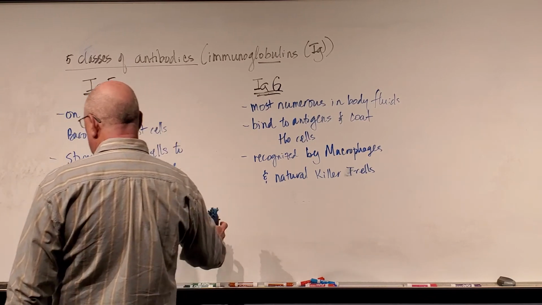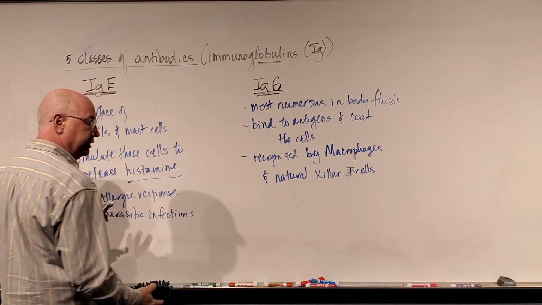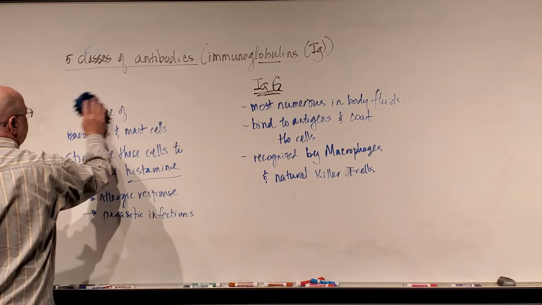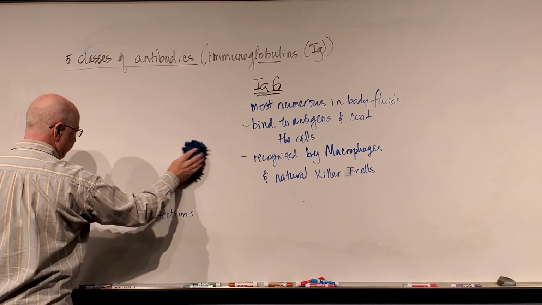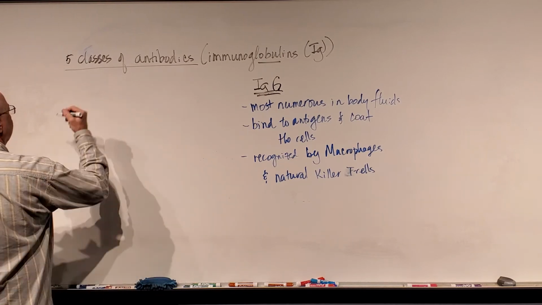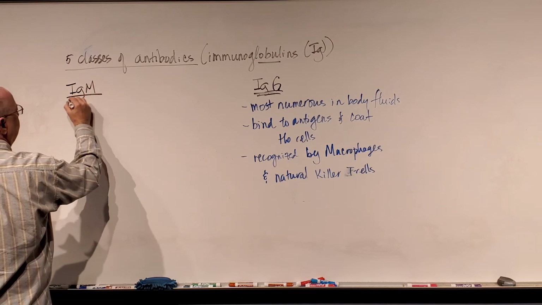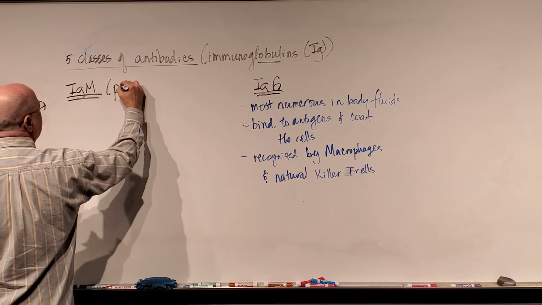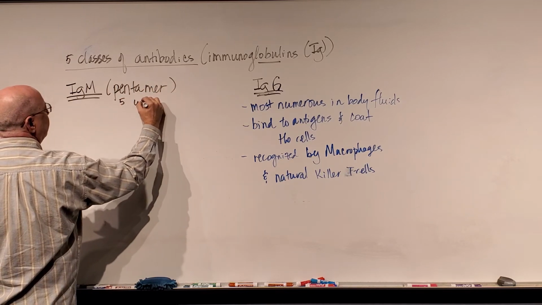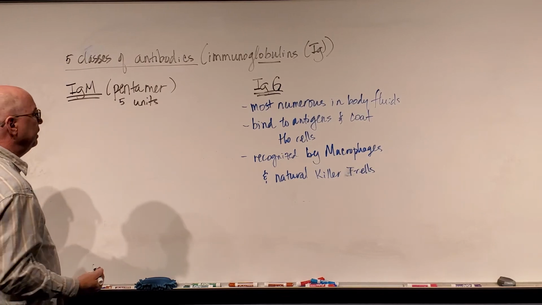And they are also released as a monomer, single units. Again, the only one that's a dimer is IgA. Now the last one I want to talk about is IgM. And you can think of the M as standing for massive. So when we talk about IgM, or immunoglobulin M, they form what we call a pentamer. So it's 5 units, from pentagon, or penta means 5.